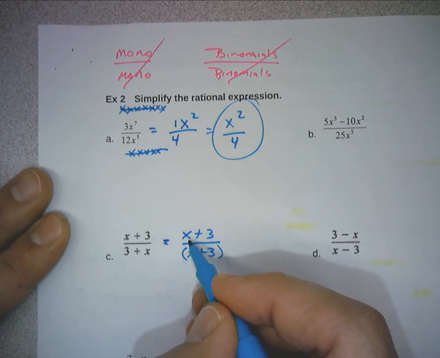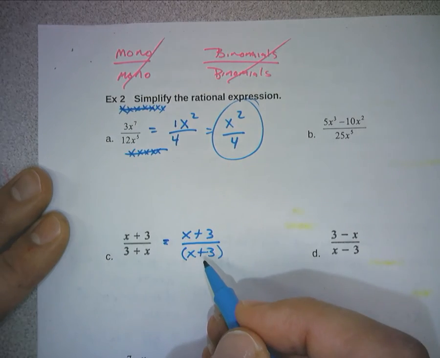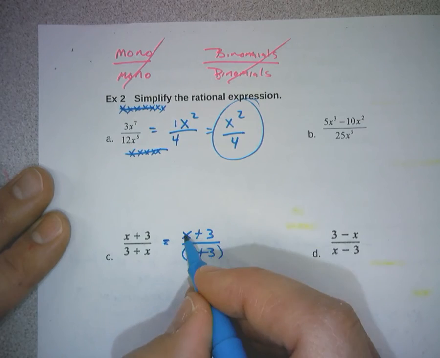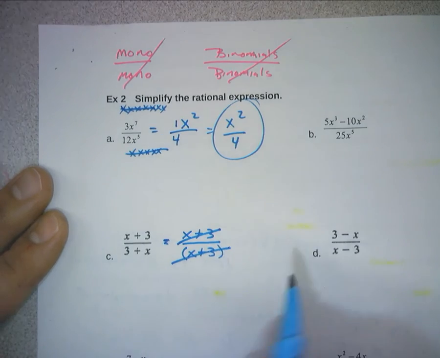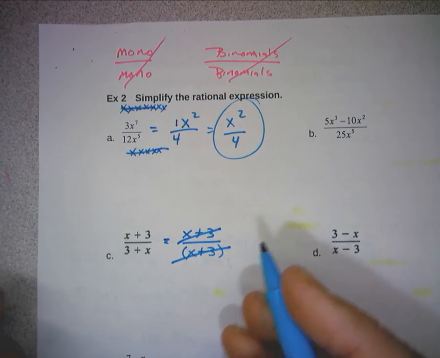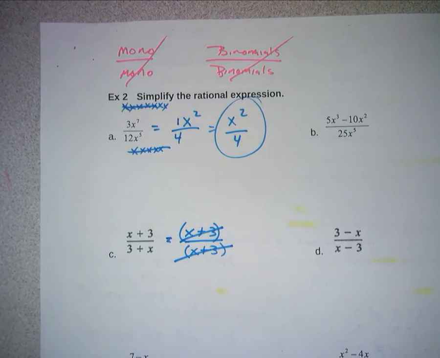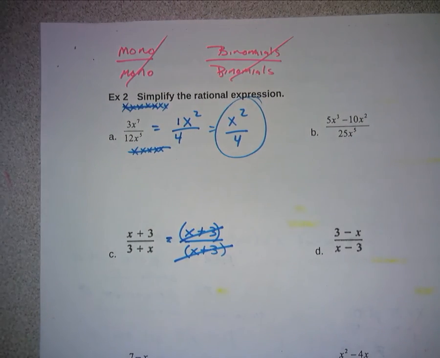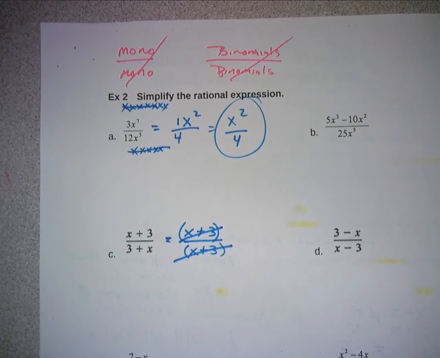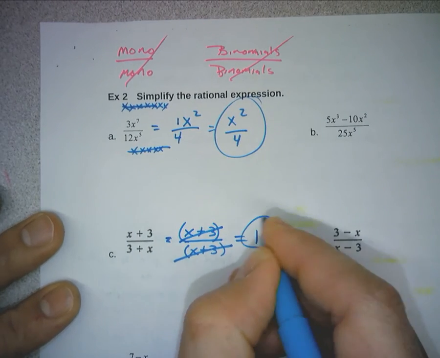And if they're exactly the same, then I can cross out this quantity. Think of them as like a team. You either cross out the whole x plus 3 or you don't cross anything out. So x plus 3 divided by x plus 3 reduces down to 1.